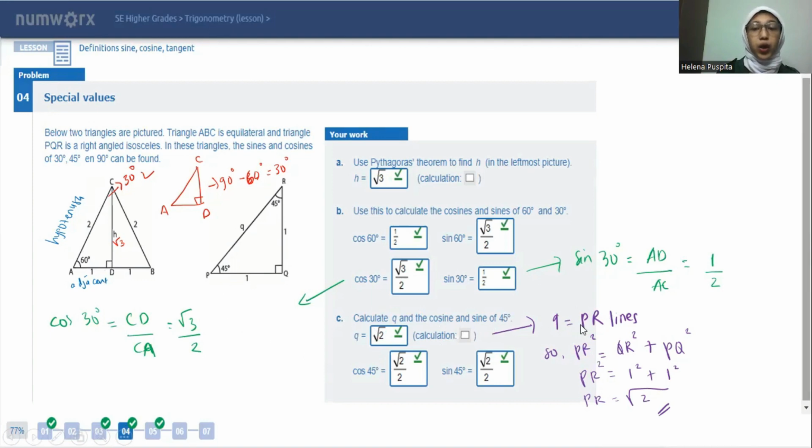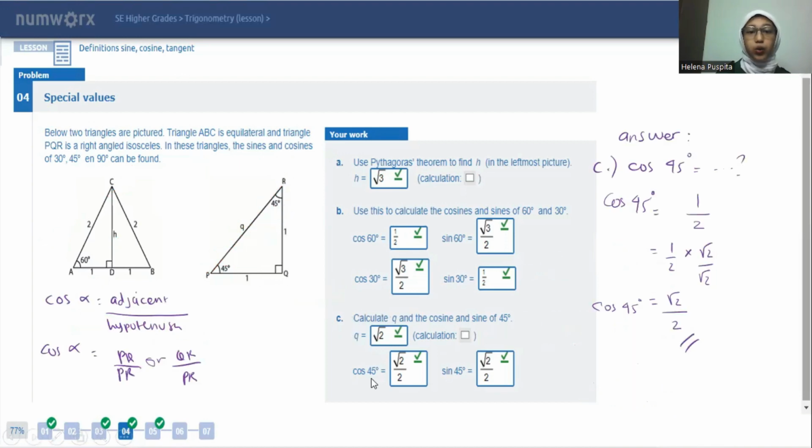First find PR. PR squared equals QR squared plus PQ squared. PR squared equals 1 squared plus 1 squared. And then PR equals square root 2.